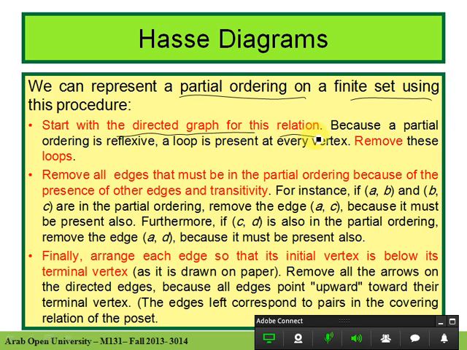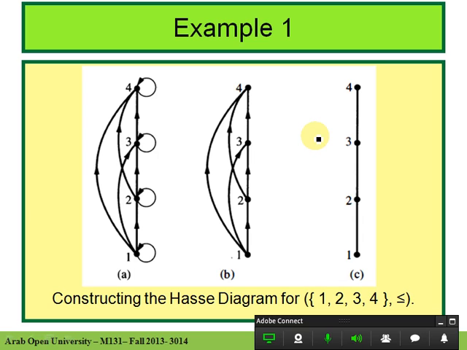For any relation, for example, we take the relation on 1, 2, 3, 4 with less than or equal to. We have 1 is less than or equal to 1, 1 is less than 2, 1 less than 3, 1 less than 4, and 2 equal to 2, 2 less than 3, 2 less than 4, 3 equal to 3, 3 less than 4, and 4 equals 4.